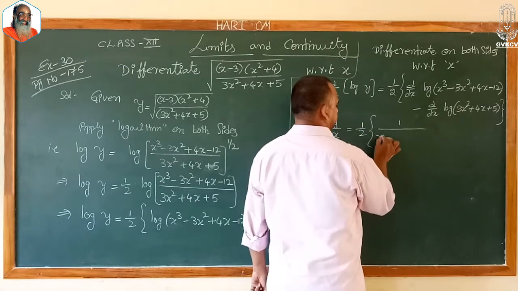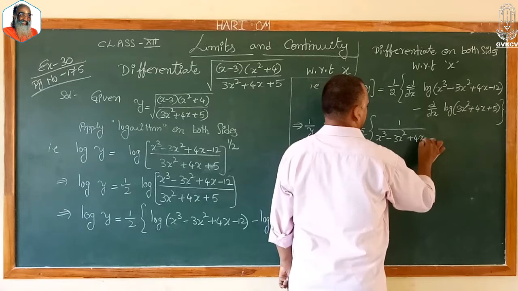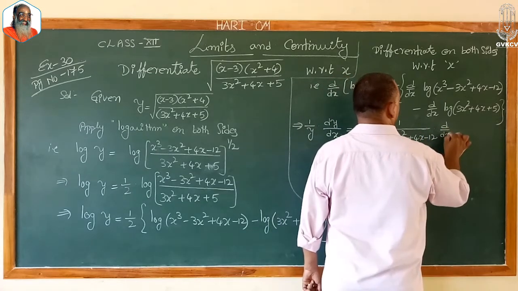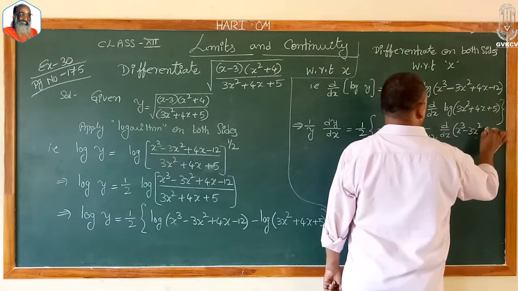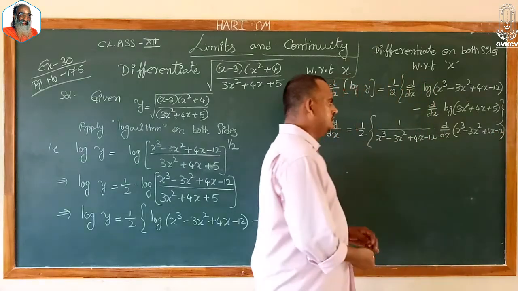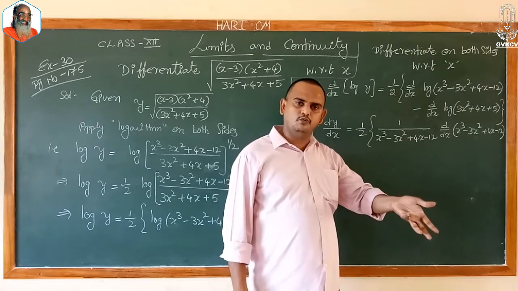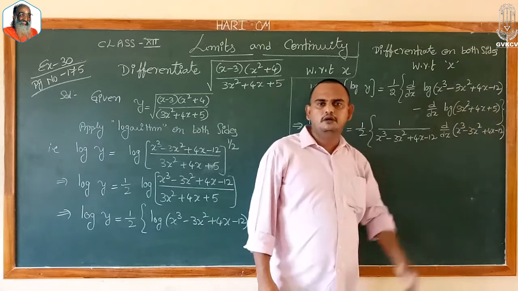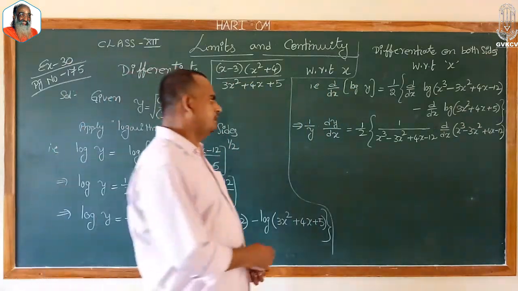So 1 by (x cube minus 3x square plus 4x minus 12) into d by dx of (x cube minus 3x square plus 4x minus 12). Because log x derivative is 1 by x, but in place of x we have this entire function, that also we should differentiate. A function in another function.